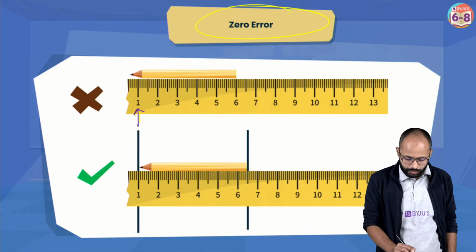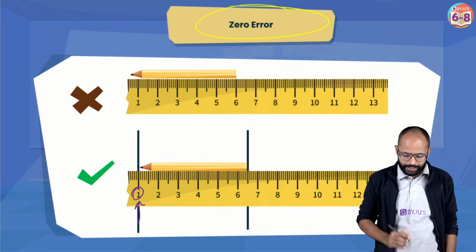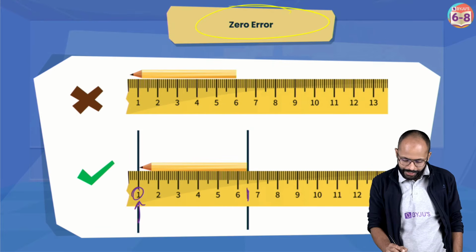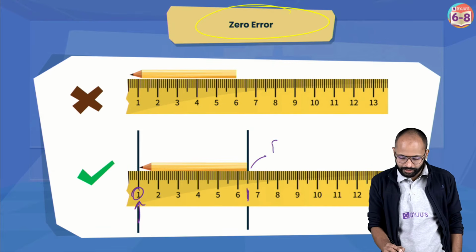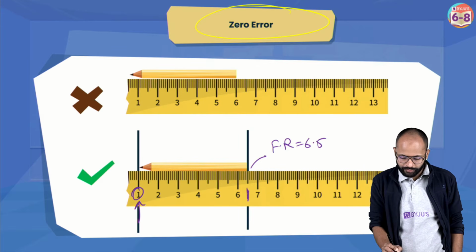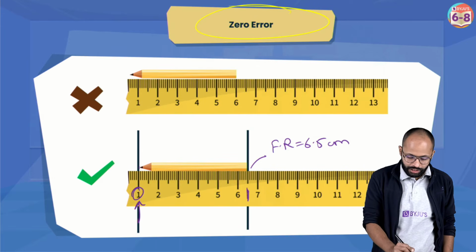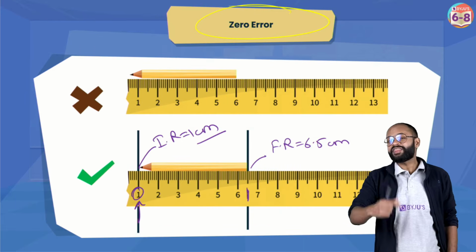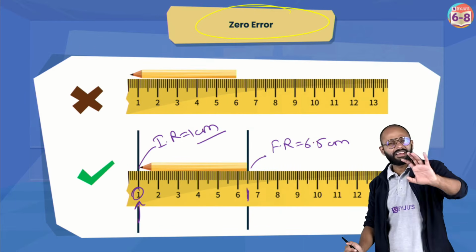I'll start from 1 and then I'll measure what is the total reading. क्या? You will start from 1, यहाँ से नहीं, you will start from 1 and check out how much is the final reading. Final reading you are getting at 6.5. So your final reading is equal to 6.5 centimeters. Your initial reading is 1 centimeter. So what is the length of your pencil? Very simple.